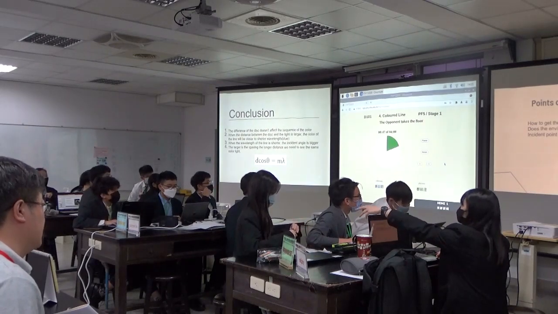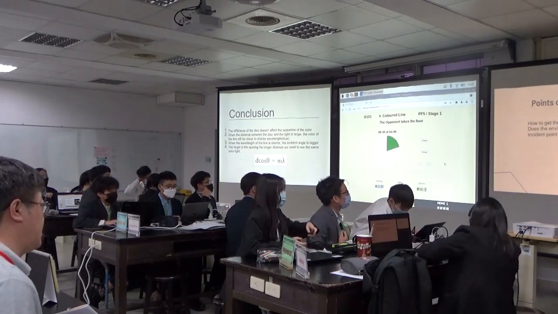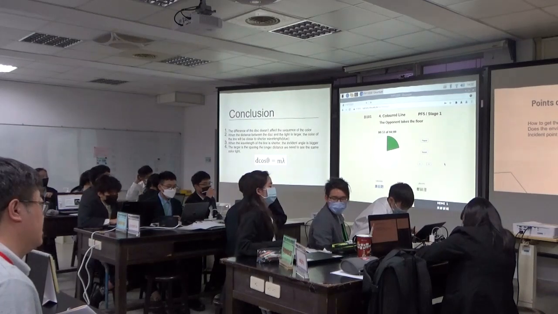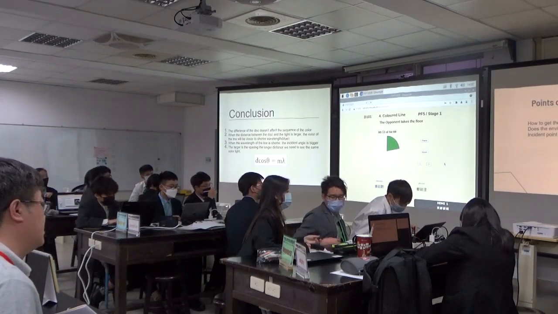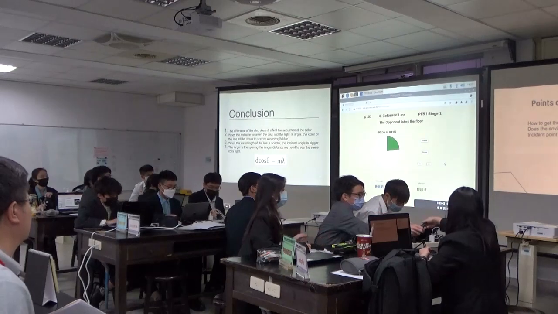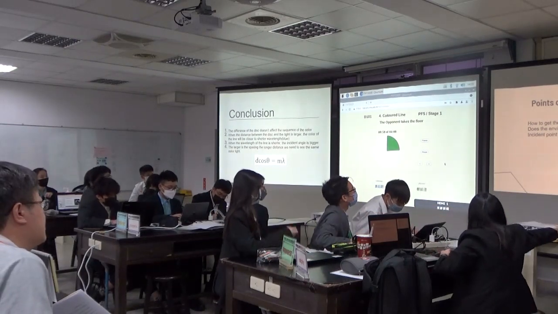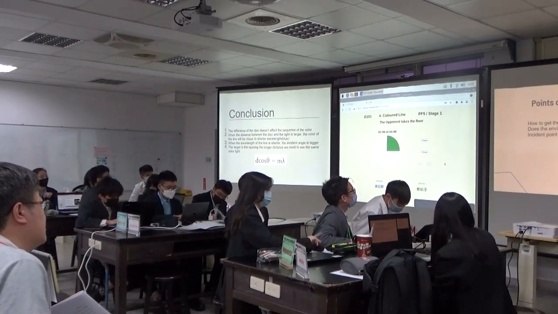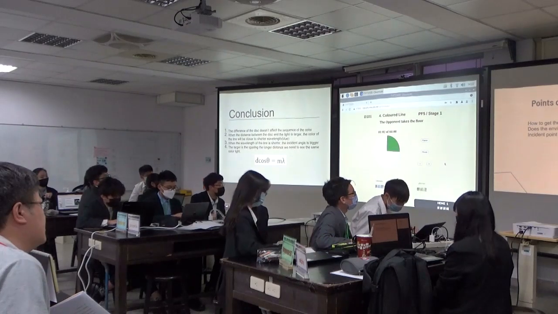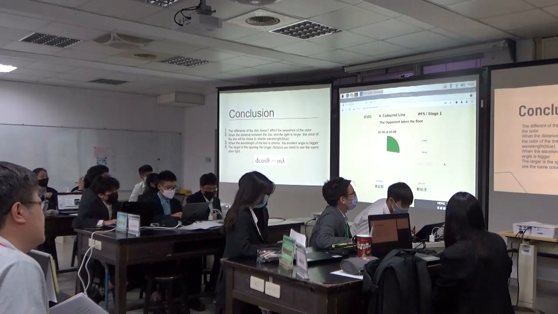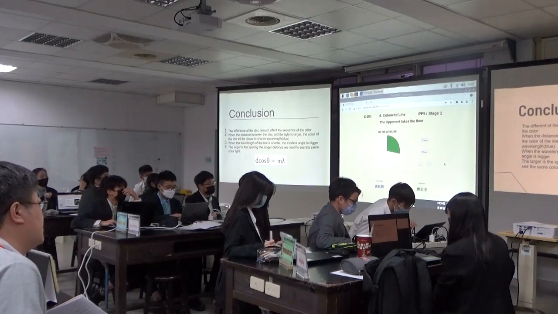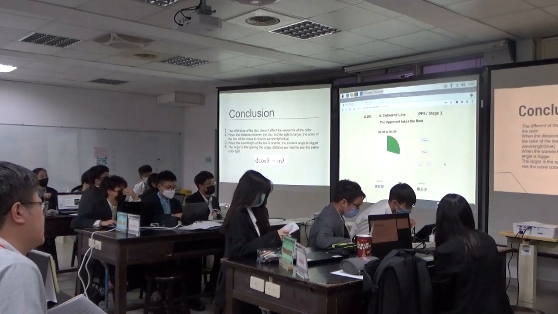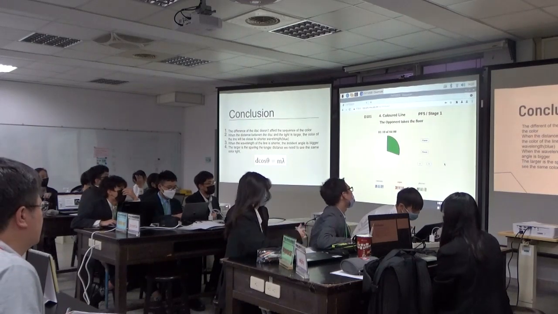The points we just discussed are how to get the groove pitch. They say they searched from the internet. Does the environment prevent unnecessary refraction? They say they don't have that. The incidence point and observation point are on the same side. About their conclusion, the difference of the disc doesn't affect the viscosity of the color.